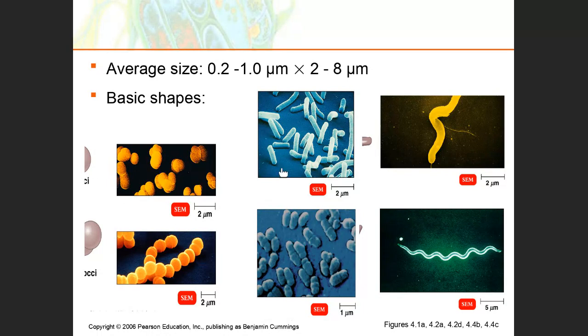When it comes to rods, the technical term for rod is bacillus. But we're not going to use that word to describe the shape. And the reason why is that Bacillus is a proper genus, like Bacillus cereus. That's the genus and species of an organism.